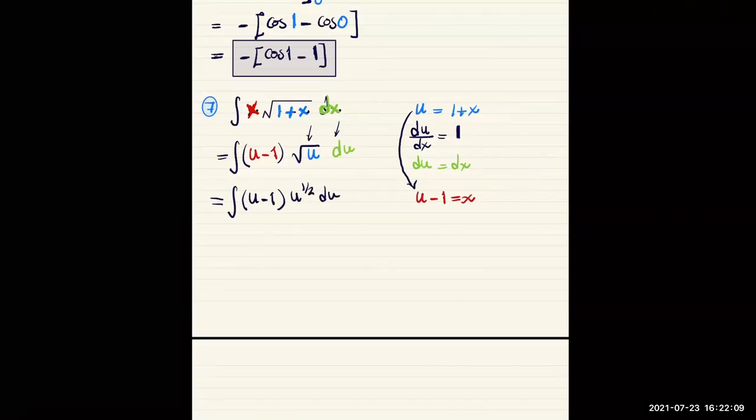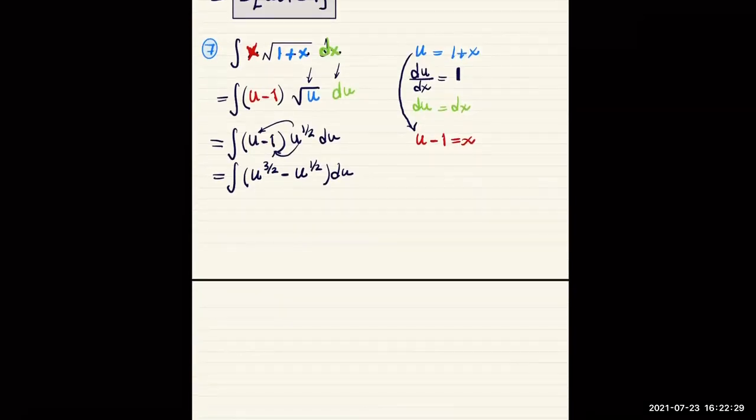I'm just doing the algebra before calculus. Distribute u to the half in, you get u to the 3/2 minus u to the half. I am not doing antiderivative, guys, just multiplying in. Now we are ready to find the antiderivative.